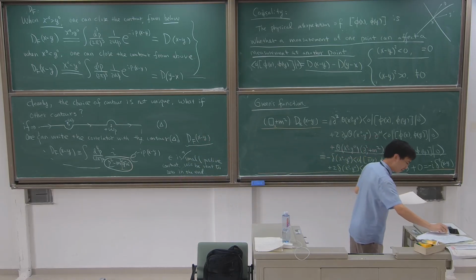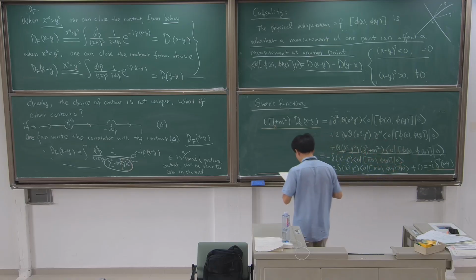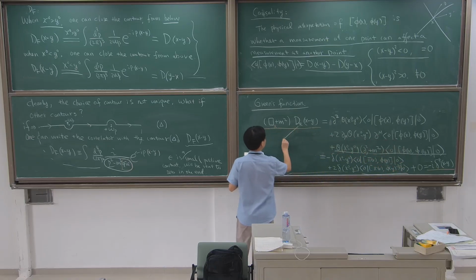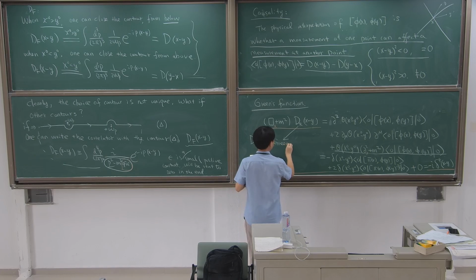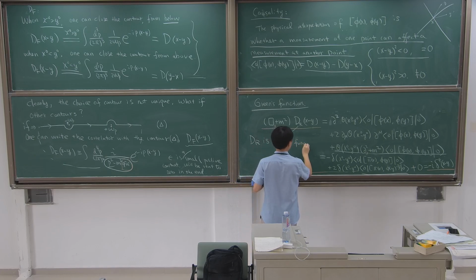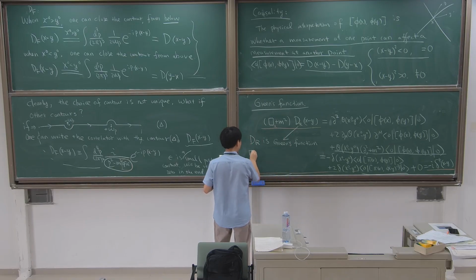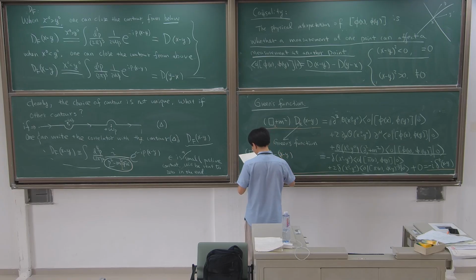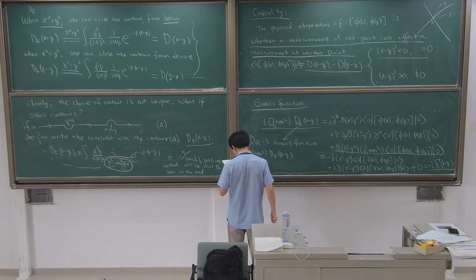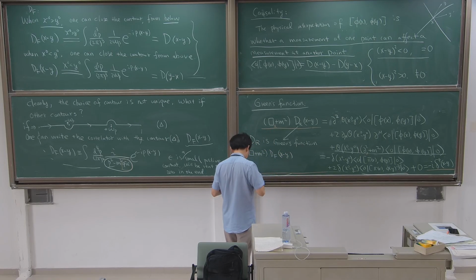Here I explicitly checked one of them, but you can check the others. For example, for D_F, you can actually check all these four different types. They are all Green's functions.